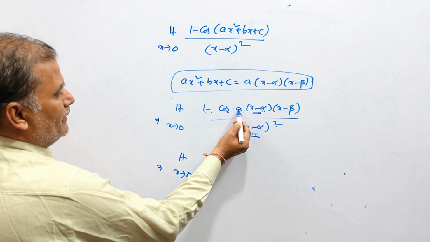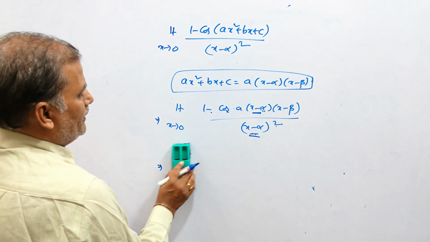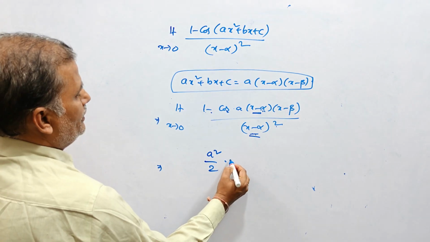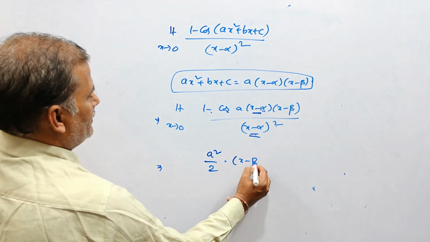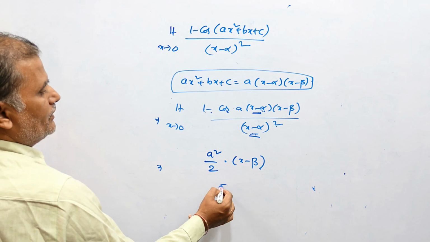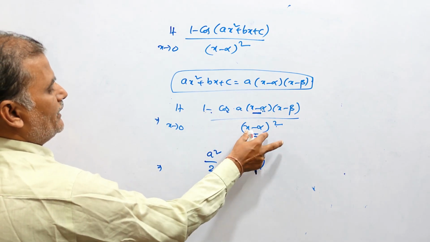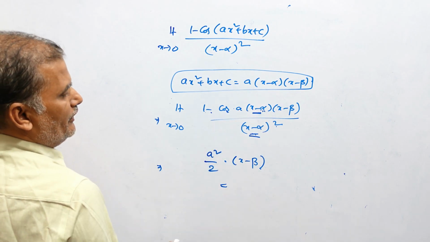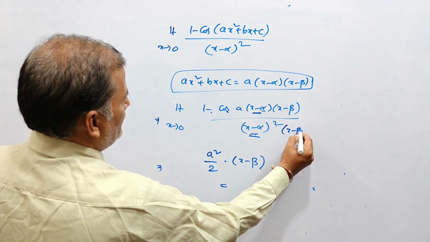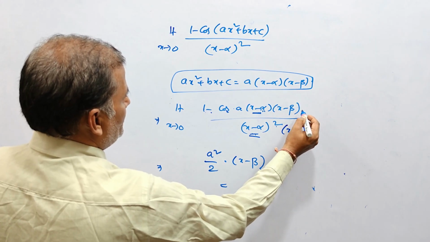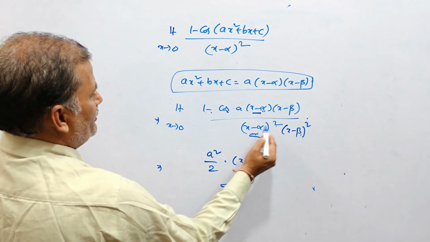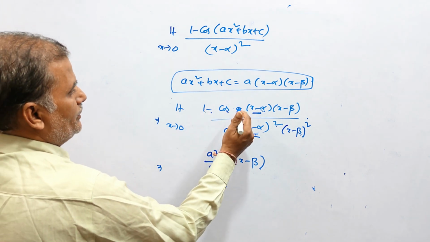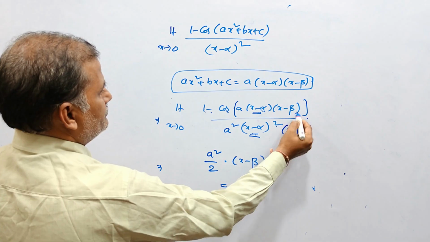Just square here, and here also a constant. We write down a square, that is equal to a square by 2 into (x minus beta). Because here 1 minus cos x by x square, where the argument means a into (x minus alpha) into (x minus beta). We multiply with (x minus alpha) square and (x minus beta) square and a square also, we get it easily, because this is also the argument.